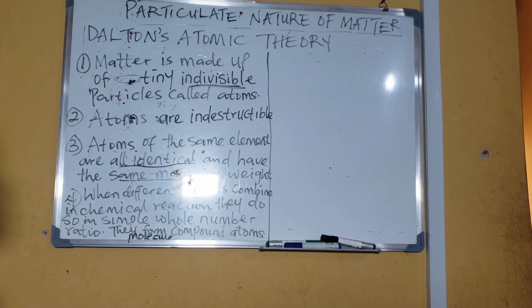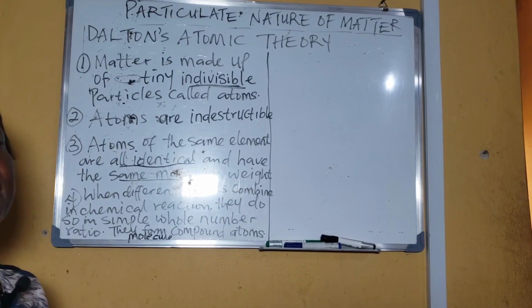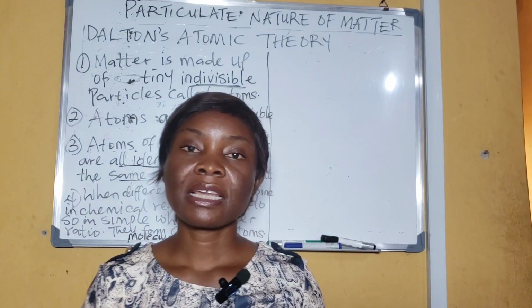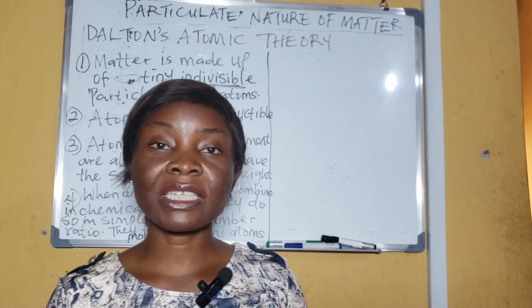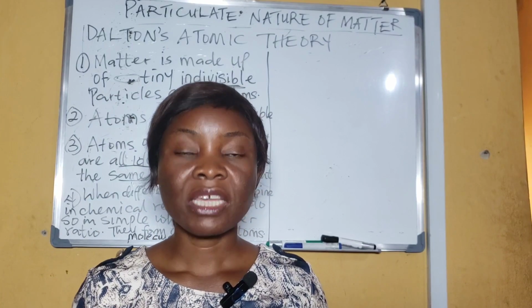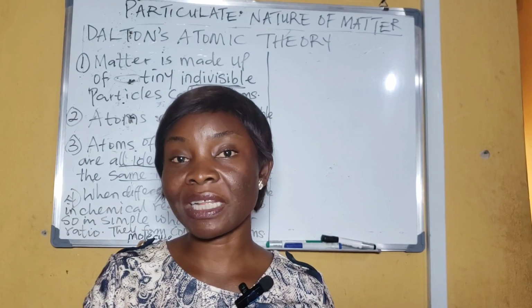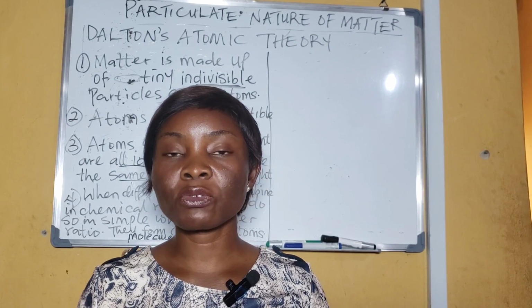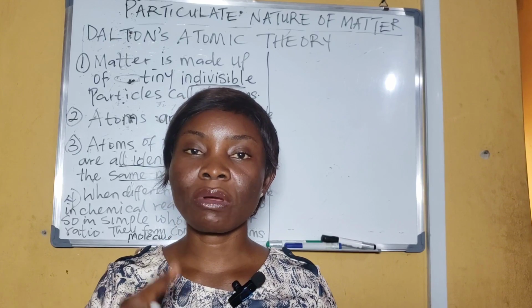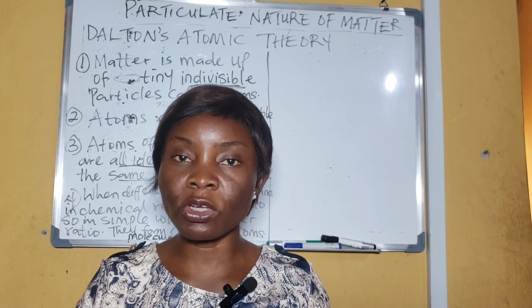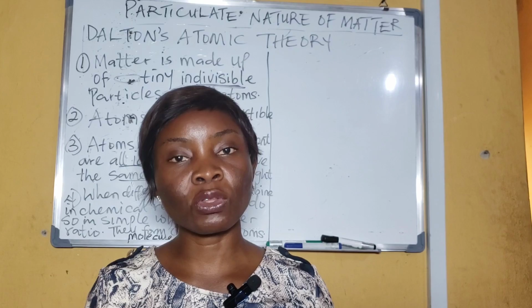Alright, so quickly let us look at the modifications, because over the years scientists have come to realize that atoms are actually divisible, in the sense that we now have subatomic particles. From the discoveries we were able to find out that a single atom contains neutron, electron and proton.